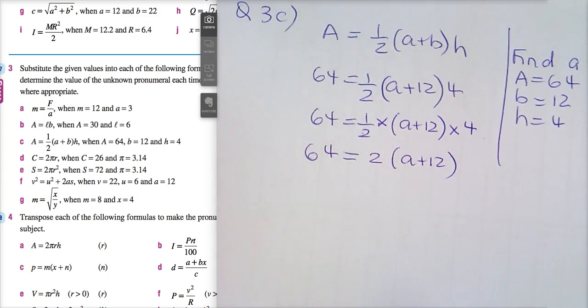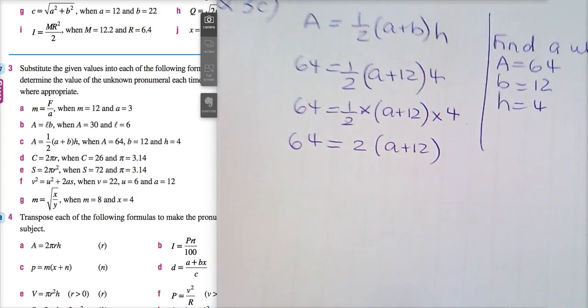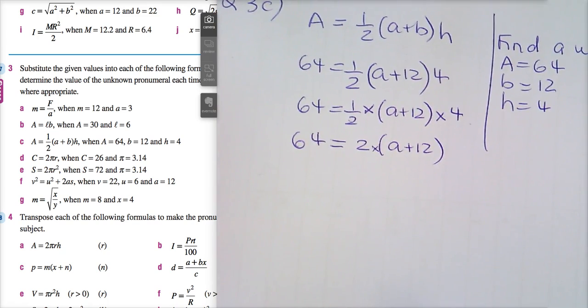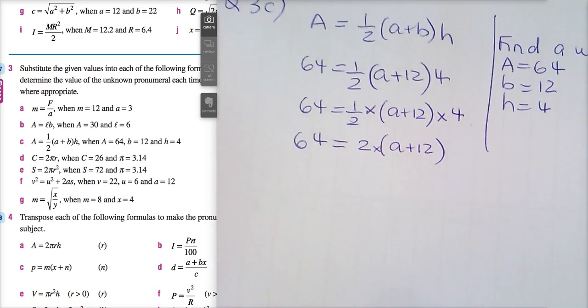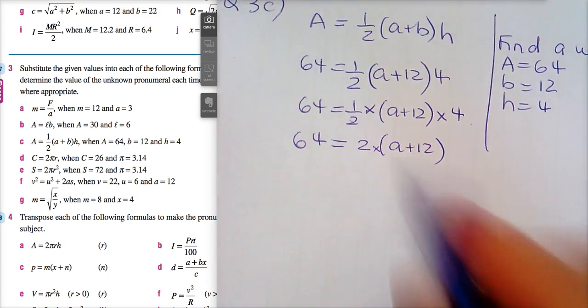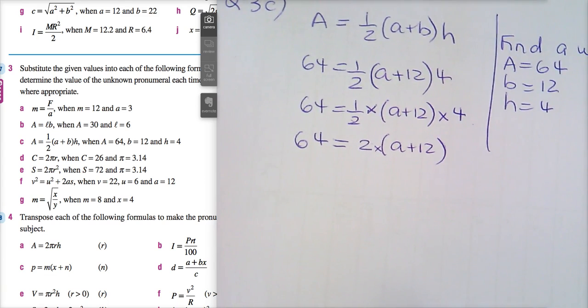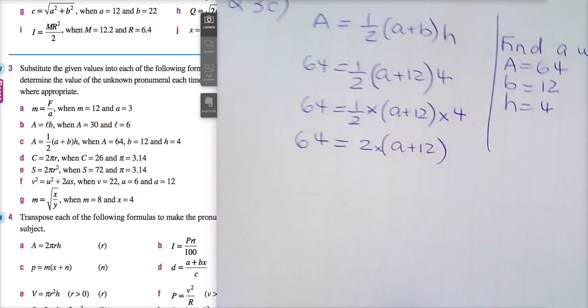Now, instead of expanding this bracket, that is a 2 times. Can we not expand the bracket and try the other way? What do you think I want you to do next? We can expand or we can do something else. 64, what? You can just divide by 2 because it's 2 times all of that. As long as all of that's in one bracket, it's almost like 2 times x is 64. 2 times bracket is 64.